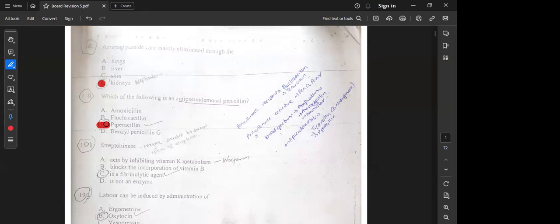Stanley, I think in the same slides, there's a slide somewhere about the beta lactamase inhibitors, the clavulanic acid and all that. Is it Stanley that has sent these ones for you? Shafi.